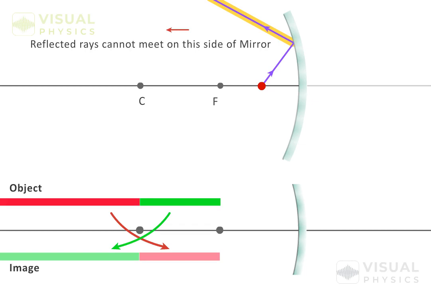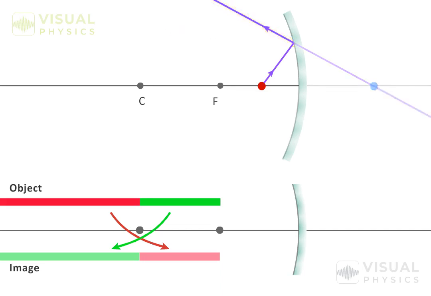But to an observer, the reflected rays appear to be coming from this point. So this is the location of image, which is virtual in this case. As the object moves closer to the pole, image also moves closer to the pole.